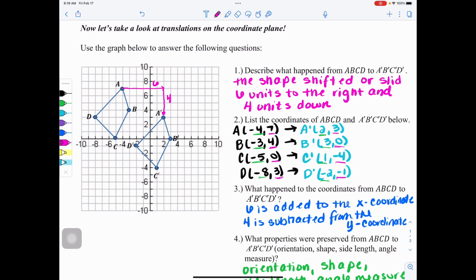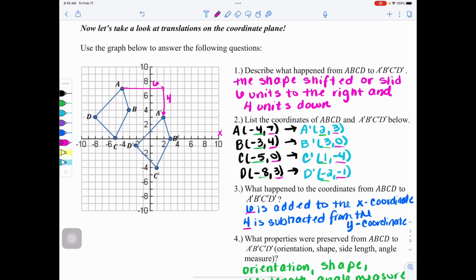Now at first you might think that seems kind of out of nowhere, but it isn't. If I look and see 6 added to the X coordinate, and I go back up and see what actually happened to the shape, it went to the right 6 units. And which axis runs left and right? The x-axis. This is the x-axis. So if I go right or left, I'm either adding or subtracting from my x value.